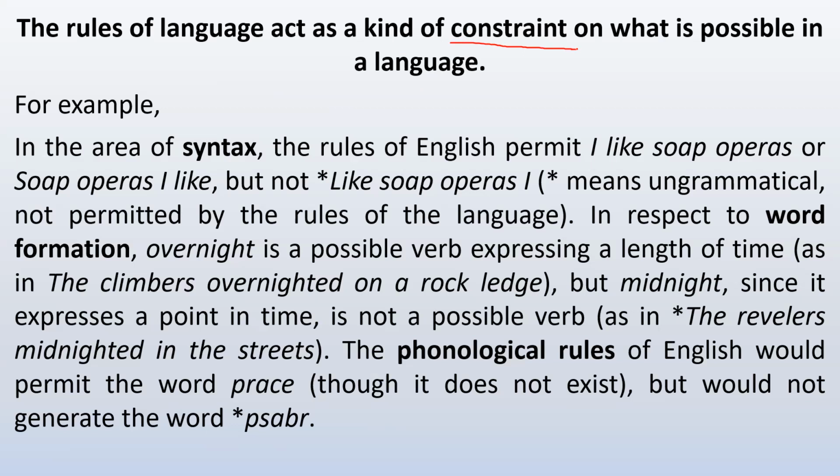Now you told me, Tharani, that the rule-governed nature means limitations. You have a very good point there, because of these rules there are constraints, or in other words, restrictions. We restrict the language in so many ways because of these rules. So we can see here there's a long example with so many parts in it. Hope you can follow the idea.